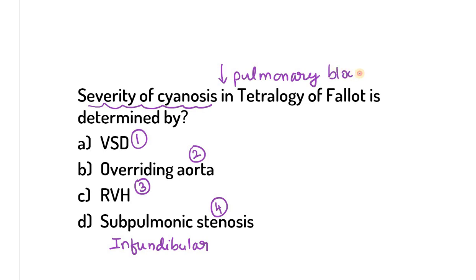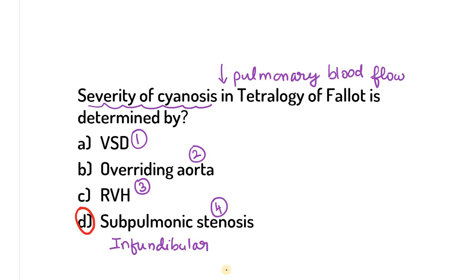So it is decreased pulmonary blood flow. Now you can tell me the answer. Which of the 4 anomalies causes decreased pulmonary blood flow? Obviously, your answer is going to be subpulmonic or infundibular stenosis. The more the stenosis, the more severe the cyanosis. The less the stenosis, the less severe the cyanosis. That's all. So that is why the answer for this question is subpulmonic stenosis.